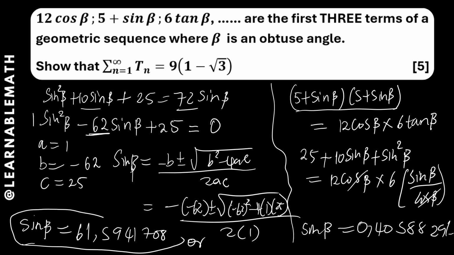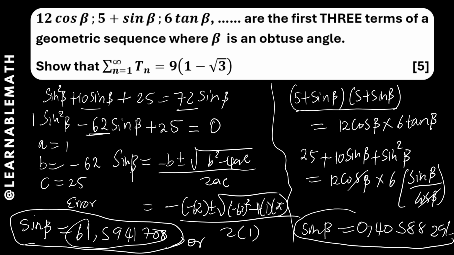For this one here, if you check arc sine of 61 point something, it's going to be an error, because this is beyond the scale of sine. Remember, sine has a maximum of 1 and a minimum of minus 1, so obviously there's no beta that will give you that.